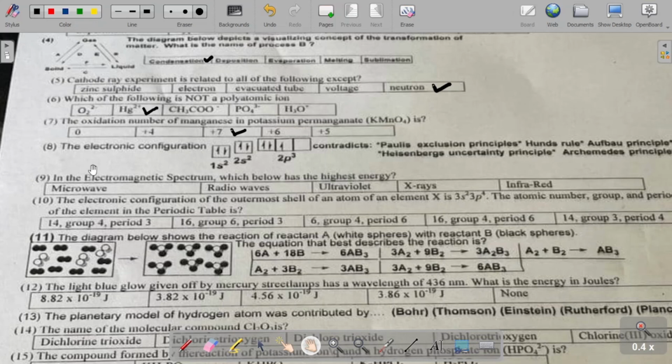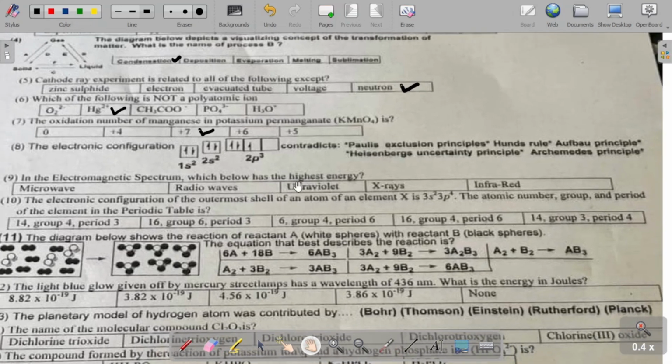Let's look at number 8. Number 8 says the electronic configuration contradicts. Now look at what we have here. What does this contradict? The problem we can see is that for the sp cube, you have something of this nature. Let me draw this out. You have this, this.